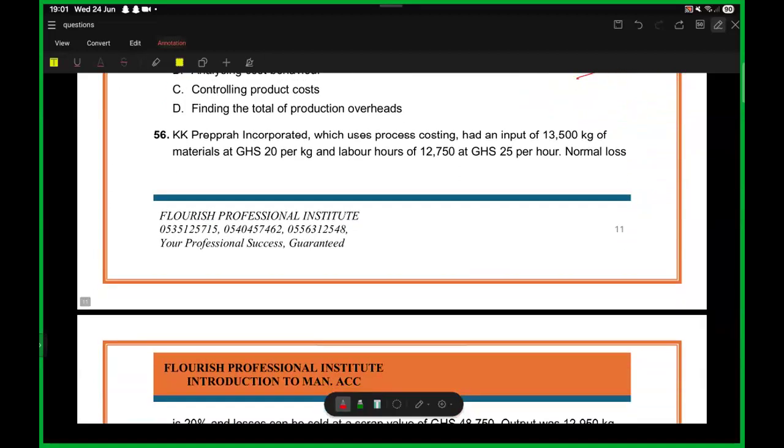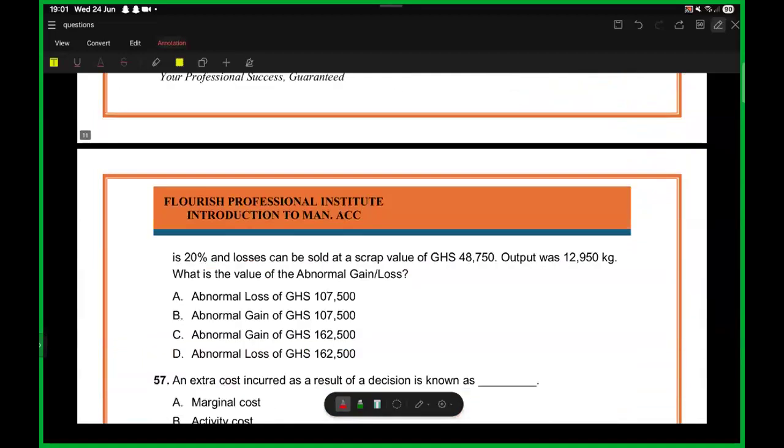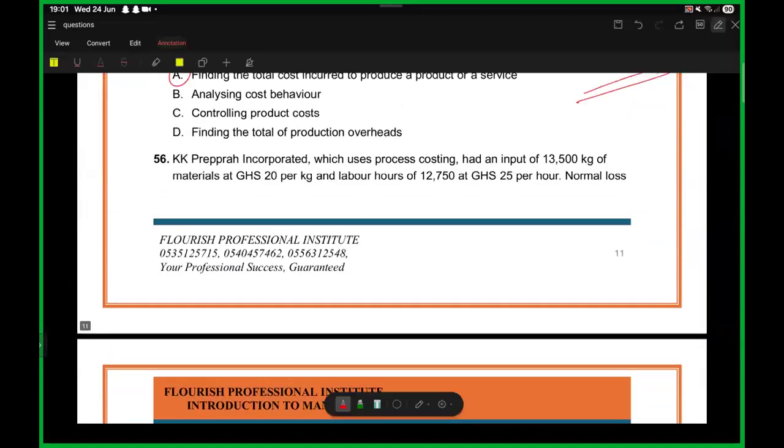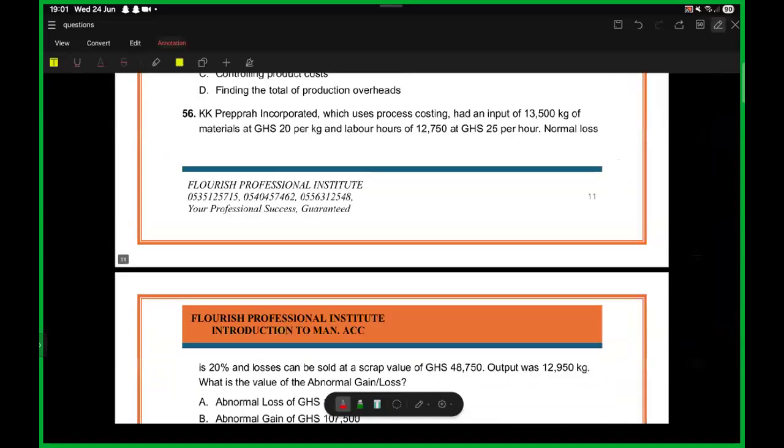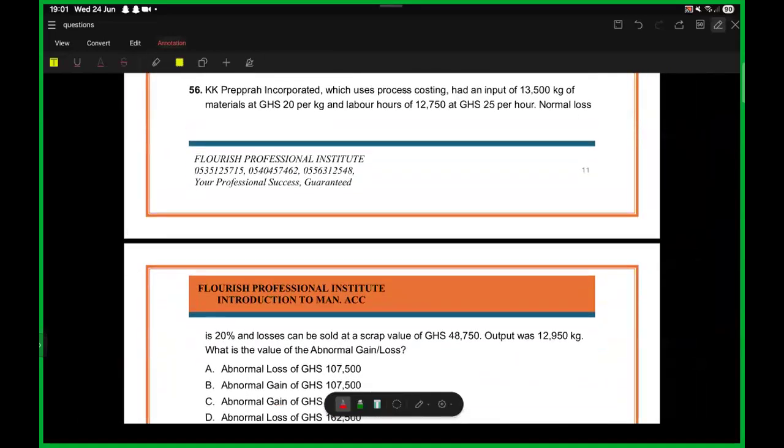which is process costing. Is it process costing? Yeah, 56. Someone should read. KK Prepare Incorporated, which uses process costing, had an input of 13,500 kilograms of material at 20 Ghana cedi per kilogram and labor hours of 12,750 at 25 Ghana cedi per hour.